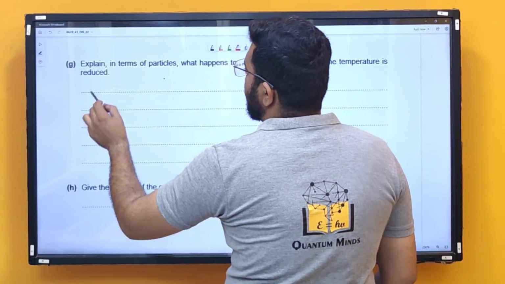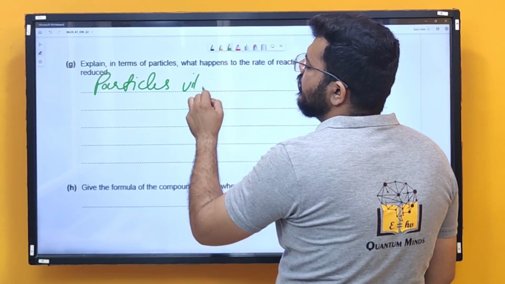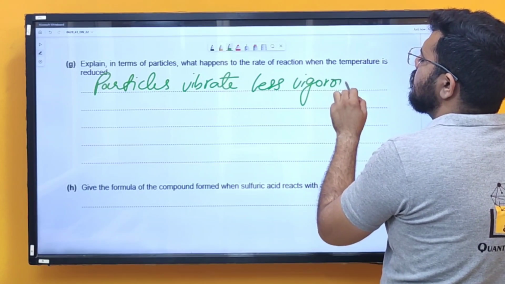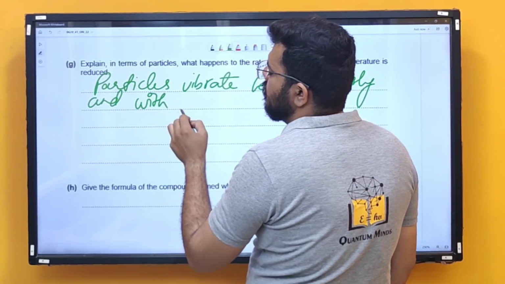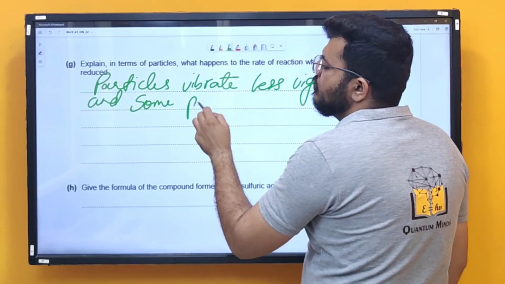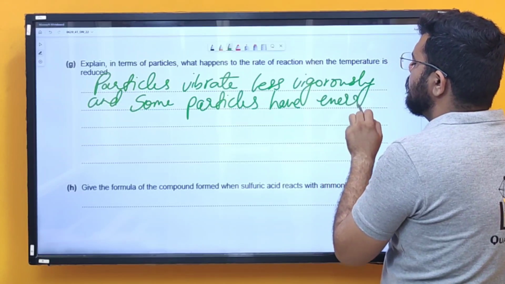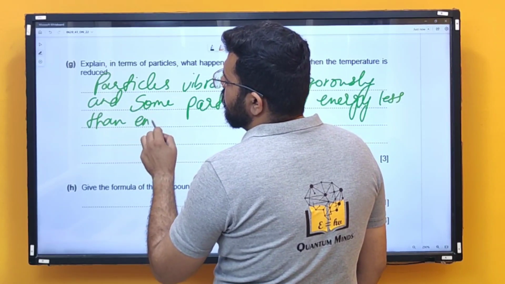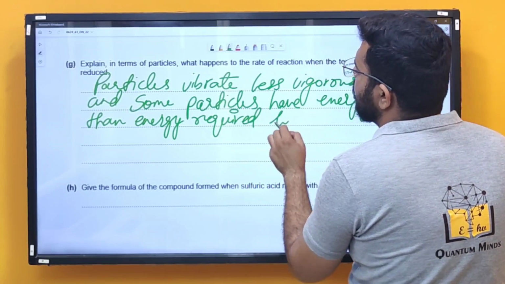Okay, before that let's write: particles vibrate less vigorously and some particles have energy less than activation energy, or less than the energy required to react.